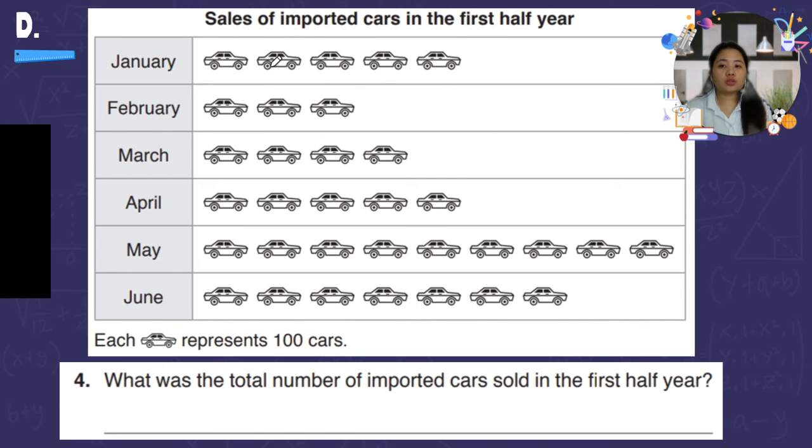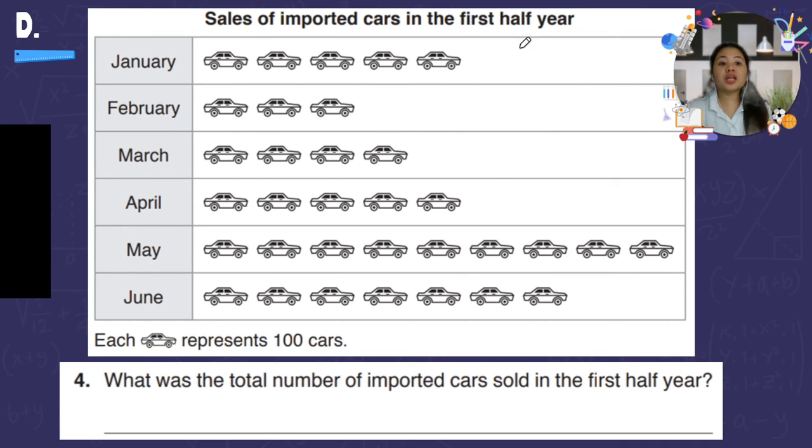1, 2, 3, 4, 5, 6, 7, 8, 9, 10, up to 33.